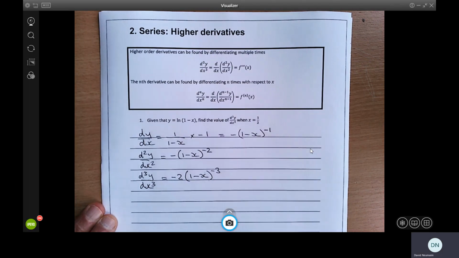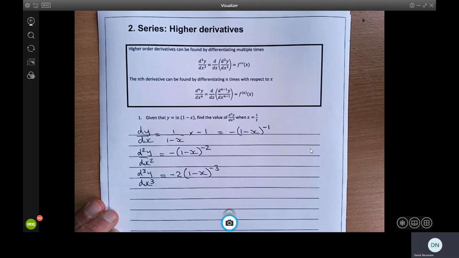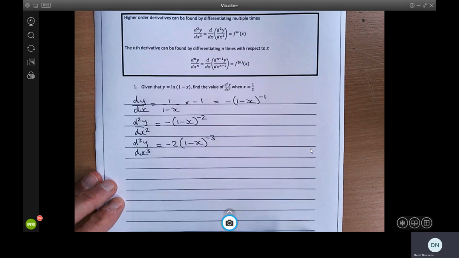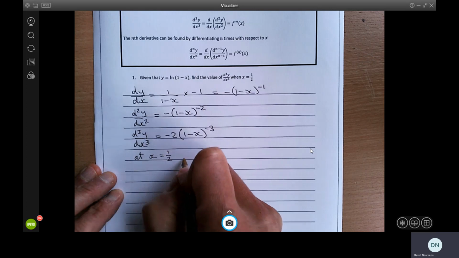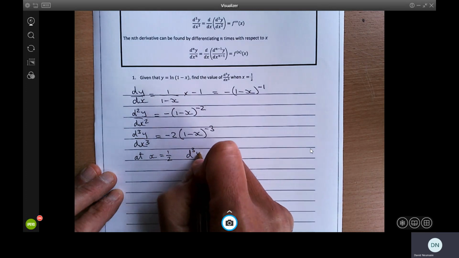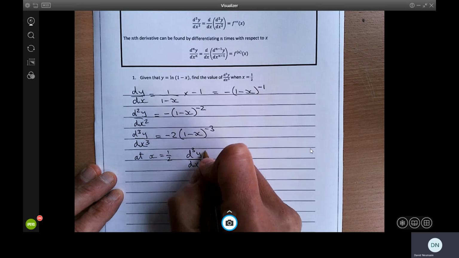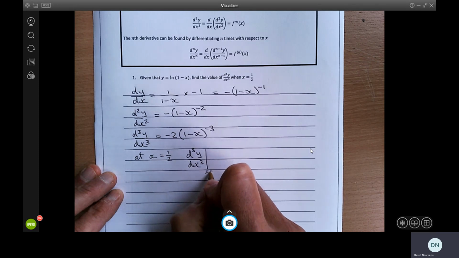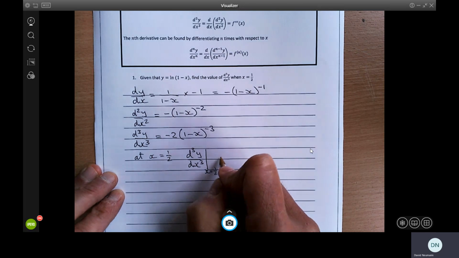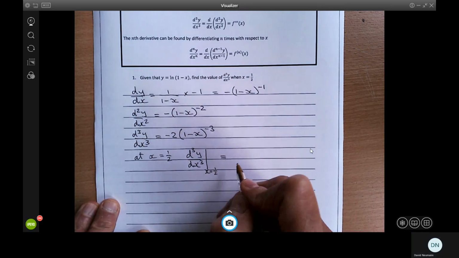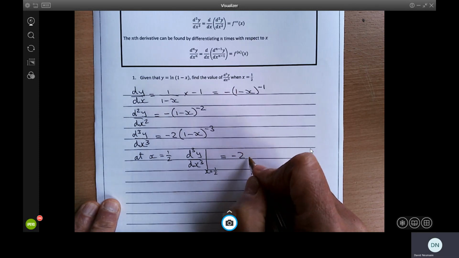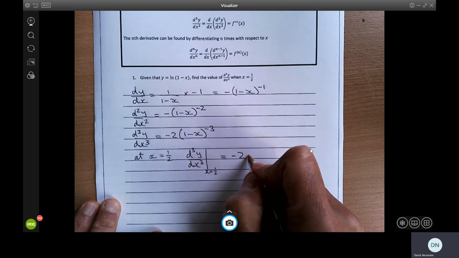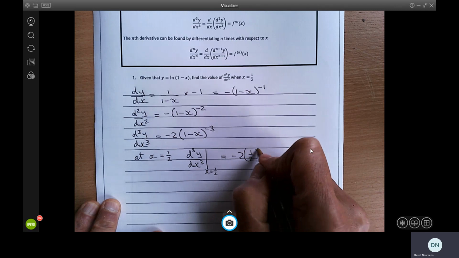And then we want the value of d3y by dx cubed at x equals a half. Sometimes we write this like this: d3y by dx cubed, and then you have a bar with x equals a half at the bottom, which is equal to minus 2 times (1 minus a half, which is a half) to the power of minus 3.